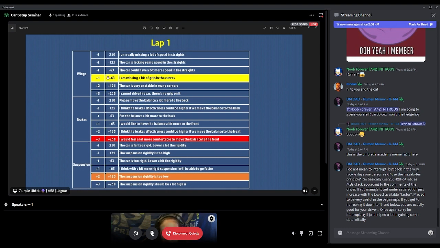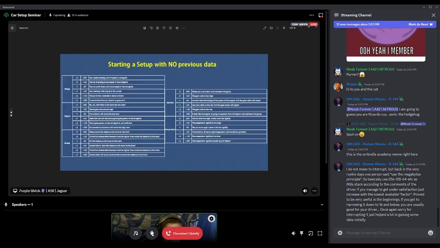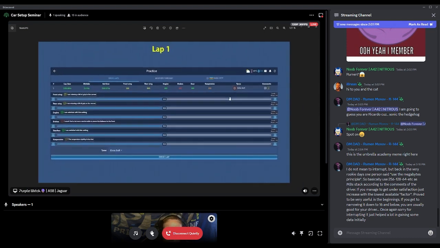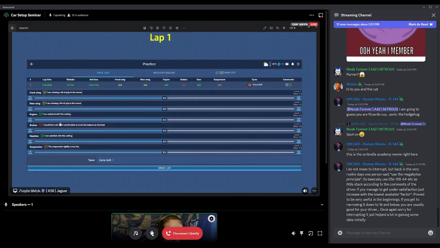In this case, I put only the wings, the brakes, and the suspension, because the driver did not comment on the engine and the driver did not comment on the gearbox. That's why I'm showing only these 3 that are the same that we have here. But I highlighted the options that we used. So the driver makes a commentary. Engine, no comments. Gearbox, no comments.